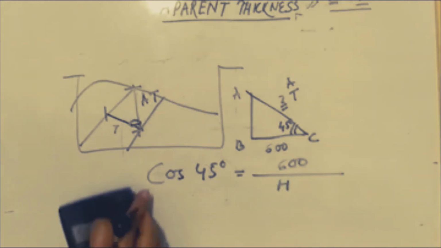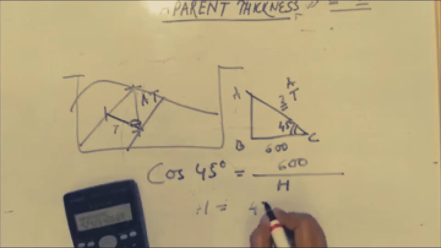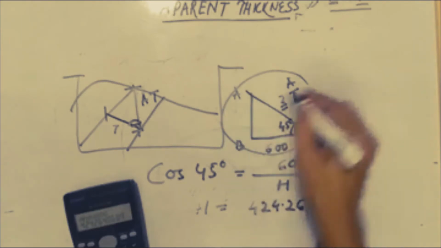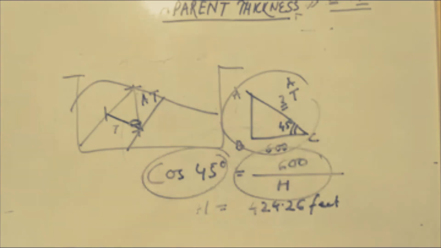You do the calculation with the help of a calculator: cos 45 degree into 600. What will be the answer? It will be 424.26 feet.